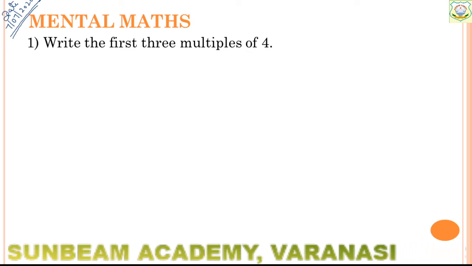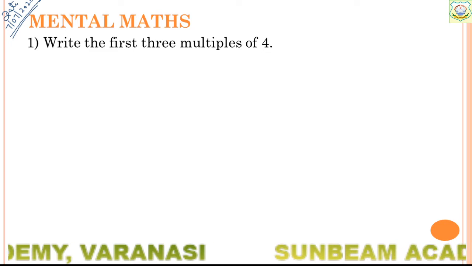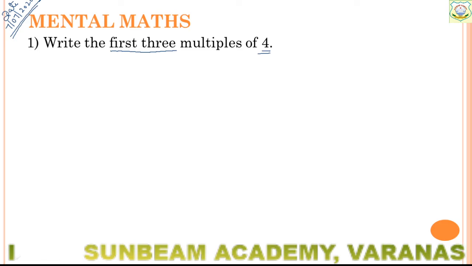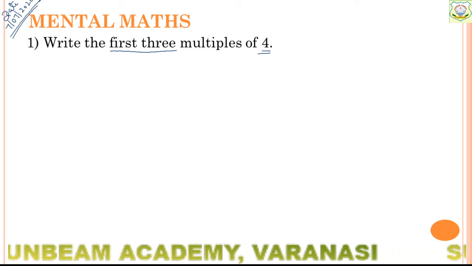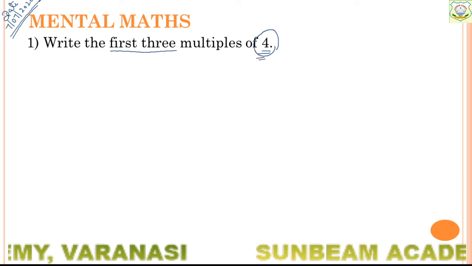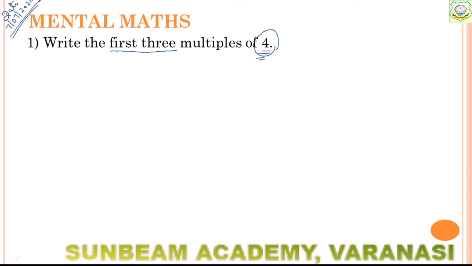Okay, so now what we have to do, write the first 3 multiples of 4. Whose 3 multiples do we have to write? First 3 multiples of 4. We have to write the multiples of 4.